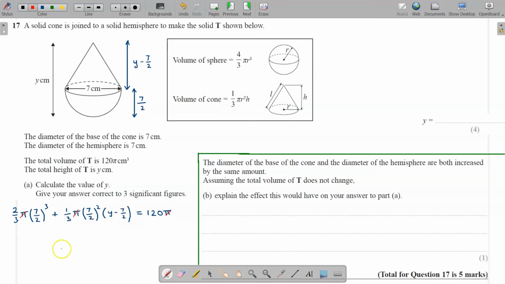Makes it a little bit easier to follow. So we can ignore the 3's and the pi's. So we've got 2 times 7/2 cubed, which is 343 over 8.